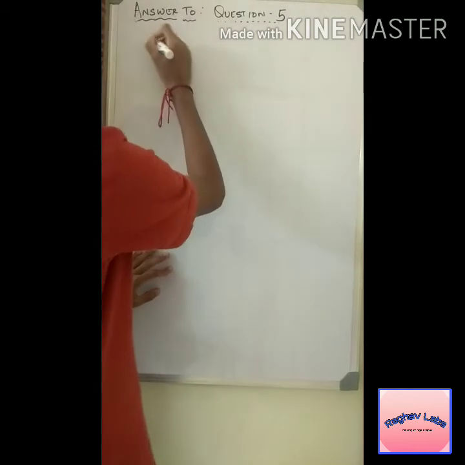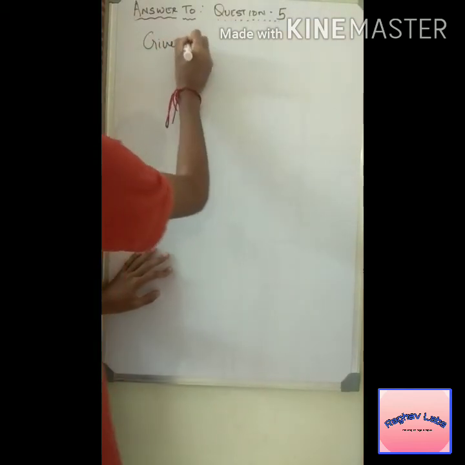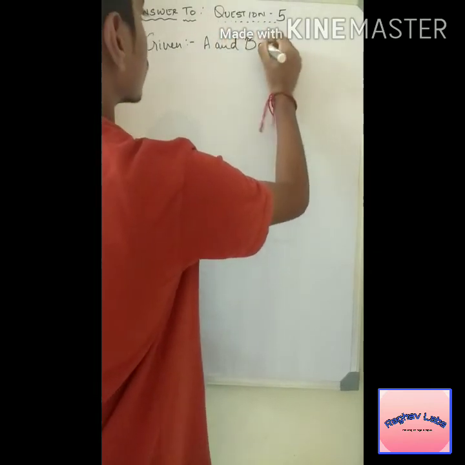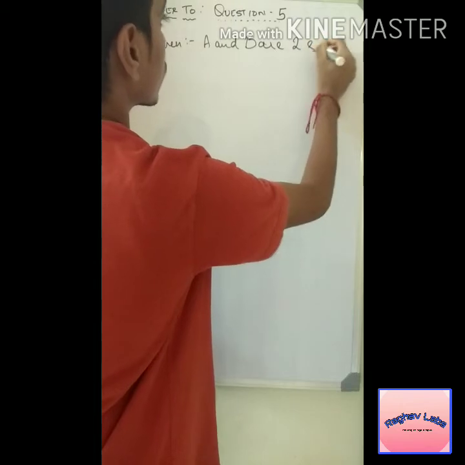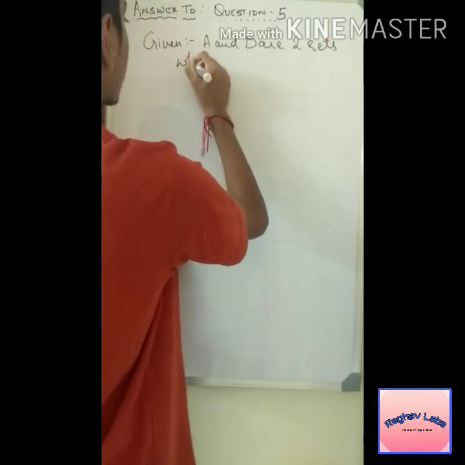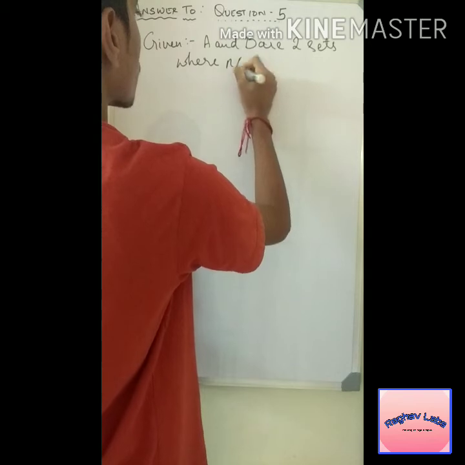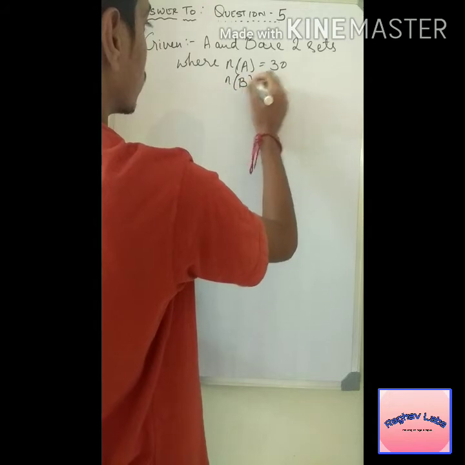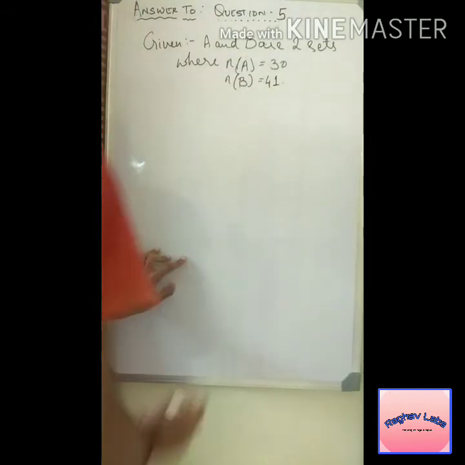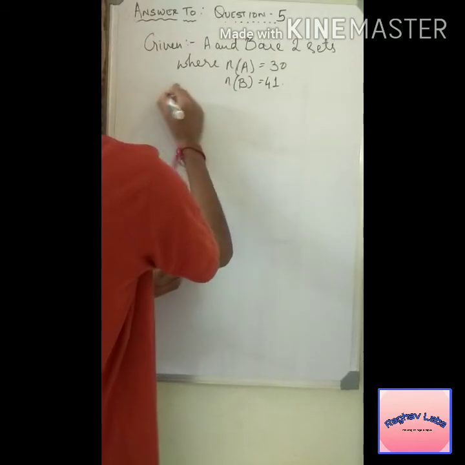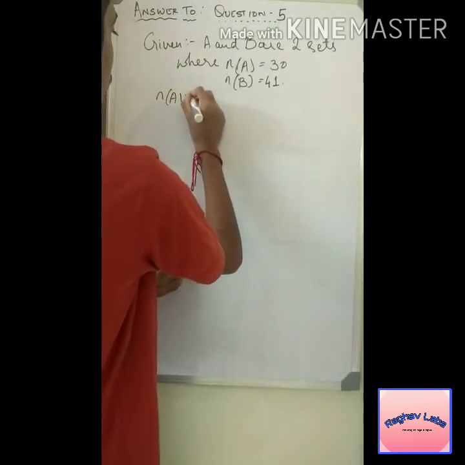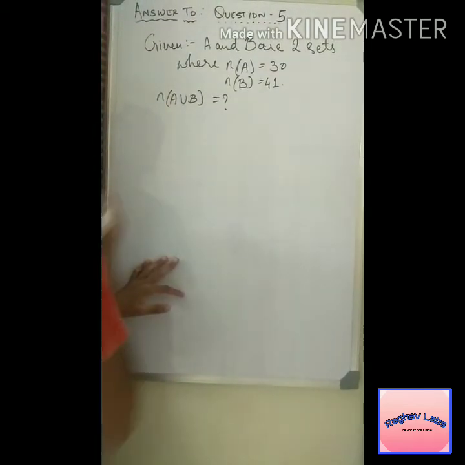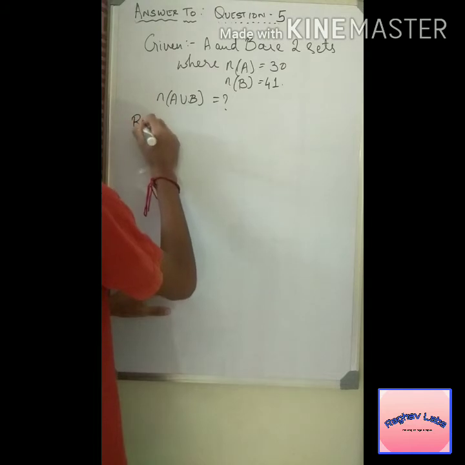So, to solve this problem, we are given that A and B are two sets where n of A is equal to 30 and n of B equals 41. So n of A union B equals question mark. We have to match it with the options afterwards, right?